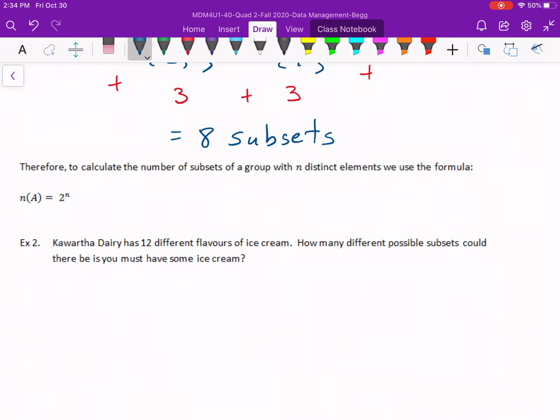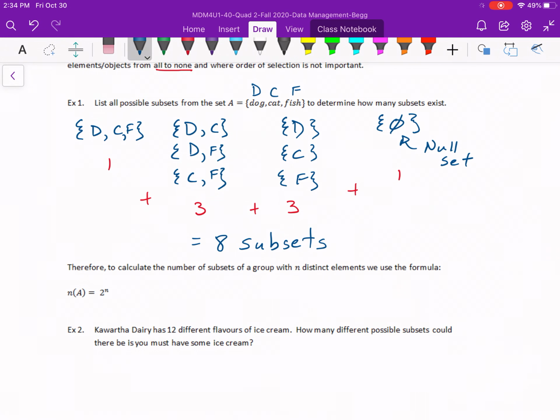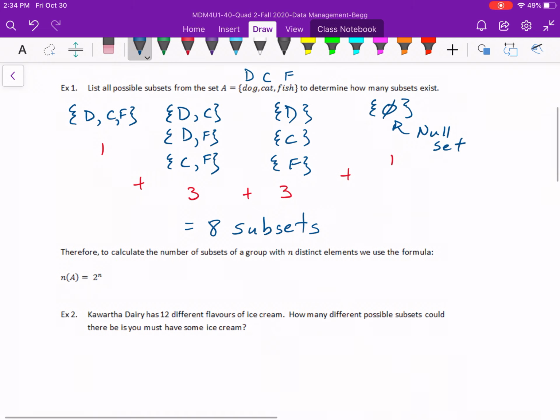Therefore, to calculate the number of subsets of a group with n distinct elements, we use the formula n(A) equals 2 to the n. What they mean by that is however many elements there are. In the example we just did, there were 3 elements. So I could have predicted that there was going to be 8 subsets, because 2 to the 3 is equal to 8.